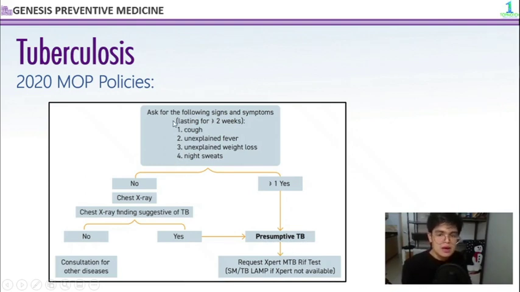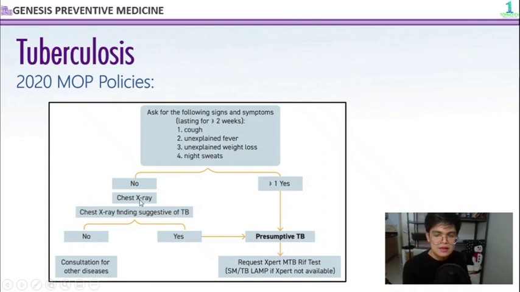confirmed TB. So any of the 4 cardinal signs that lasts for 2 weeks or more: cough, unexplained fever, weight loss, and night sweats. Yes, that is already clinical grounds for presumptive TB, and the patient is recommended to get a GeneXpert, Mycobacterium tuberculosis rifampicin resistance test.